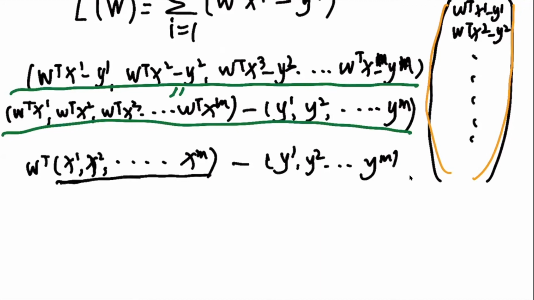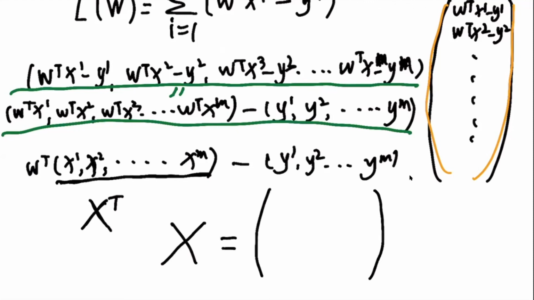It's actually the feature matrix X, and it should be X transpose. I use uppercase X to represent the whole feature matrix.